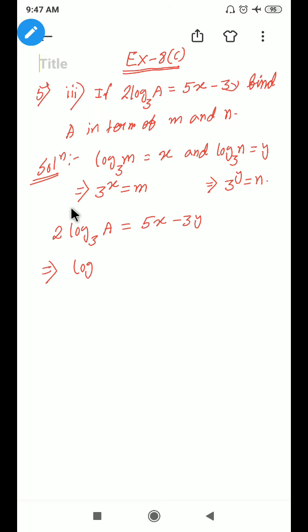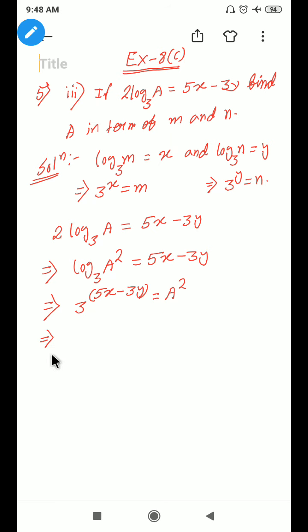The 2 will go to the power of a, so that will be a square is equal to 5x minus 3y. Now if you convert this logarithmic form to exponential form, that will be 3 to the power 5x minus 3y is equal to a square.